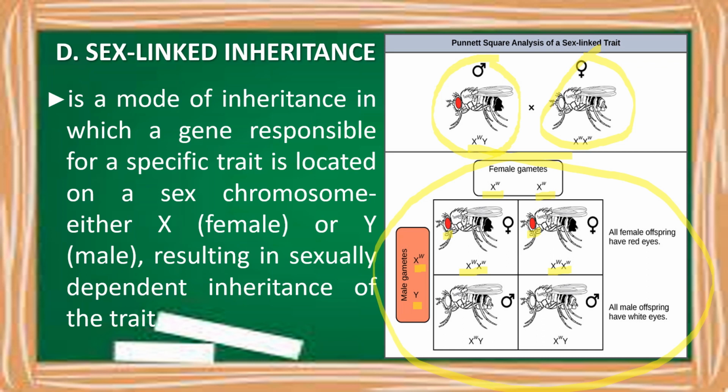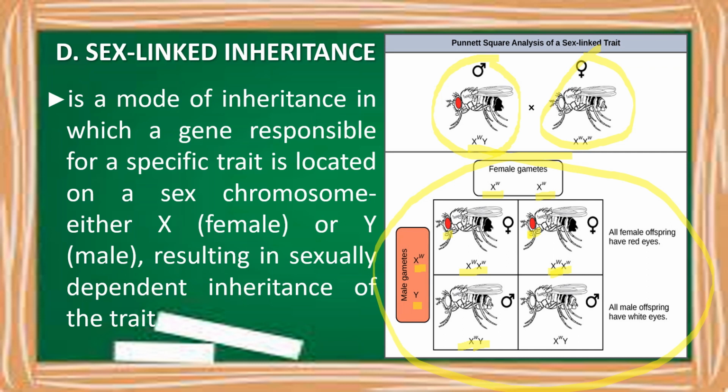Next is X^W and Y. The offspring is male, but since the Y comes from the male parent, he is male with white eyes.